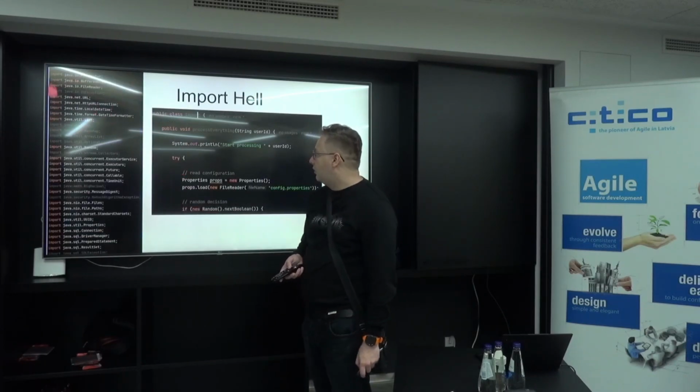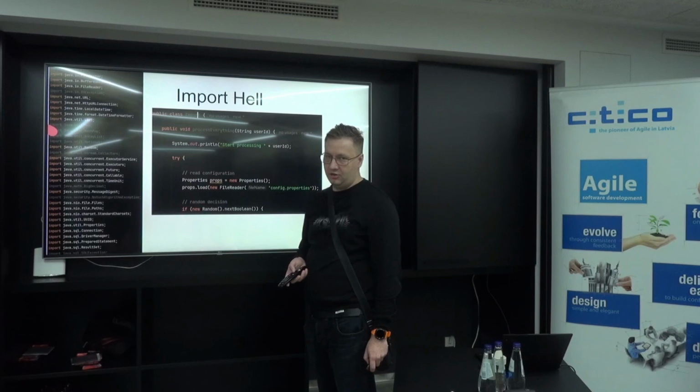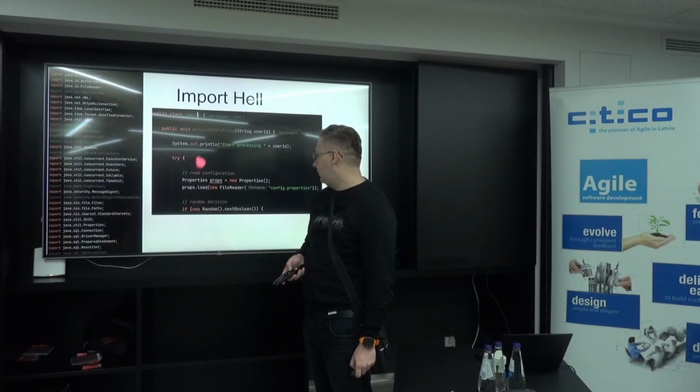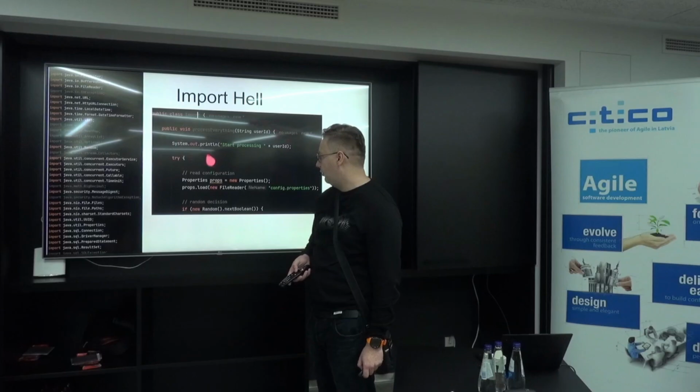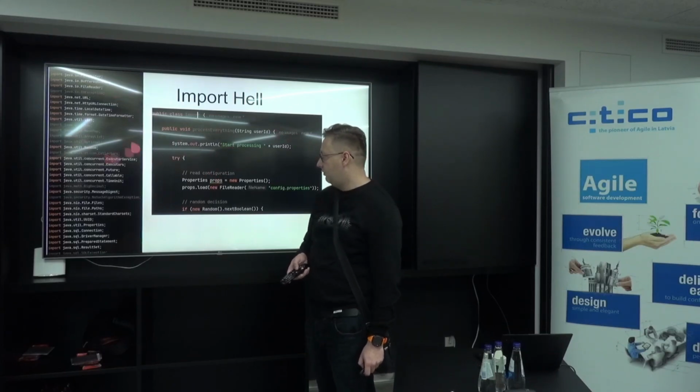Also, there is an important thing like imports. In Java, there are complexity calculations, and some complexity calculation tools use imports. If your class has too many imports, then the class is probably too complex. There will be a link for the materials. You can see the old method that is handling this functionality.